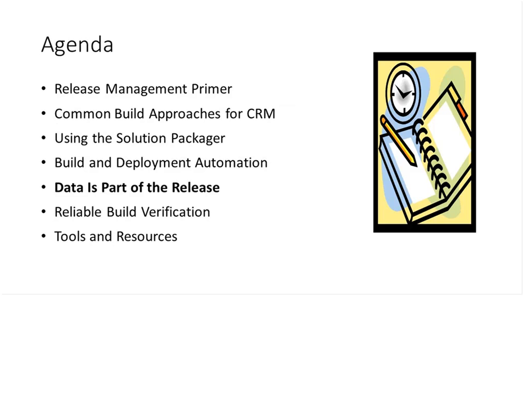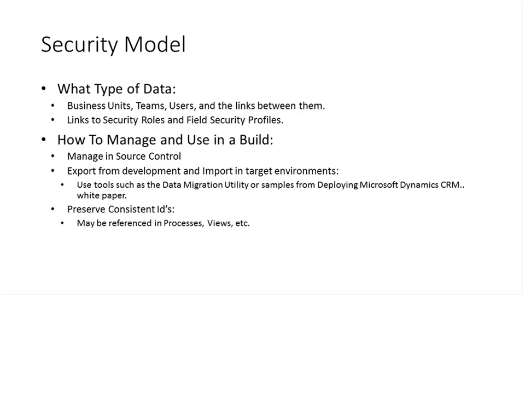There are several types of data that are very important for the functioning of your system. The first one is, if you will, out-of-the-box data related to the security model. By that, I refer to business units, teams, users, links between these records, also links between these users and teams and security roles and field security profiles. You will not have a fully functional environment until this is in place.